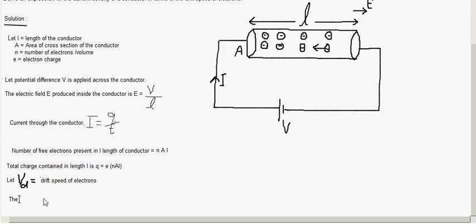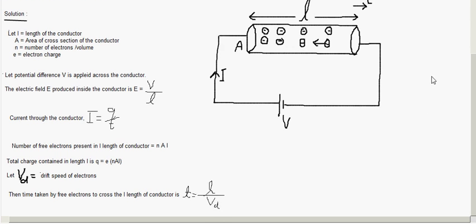Then the time taken by free electrons to cross the L length of conductor is t equal to L divided by Vd, because velocity is distance by time.